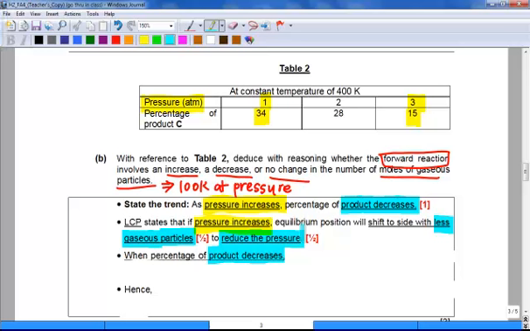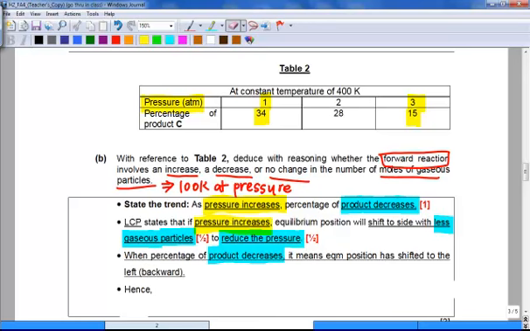Next part, when product decreases, it means that the equilibrium position must have shifted backwards. Okay, shift backwards. That's why the product will decrease. I think it makes sense. When the equilibrium position shifts back, the percentage of the product will definitely decrease.